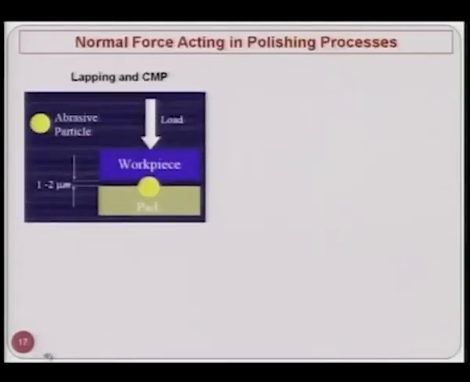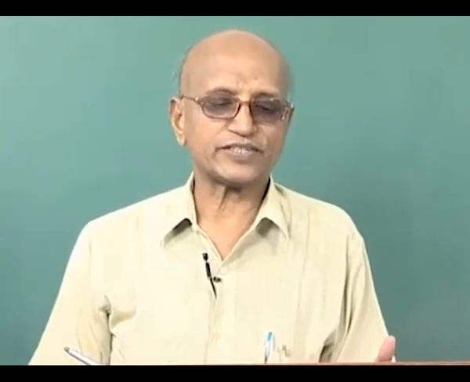Now, CMP, chemomechanical polishing, is a commonly known process, and lapping is also a commonly known process. In both these processes, what kind of forces are acting? These processes have the problem that the surface of the product or the workpiece gets damaged.